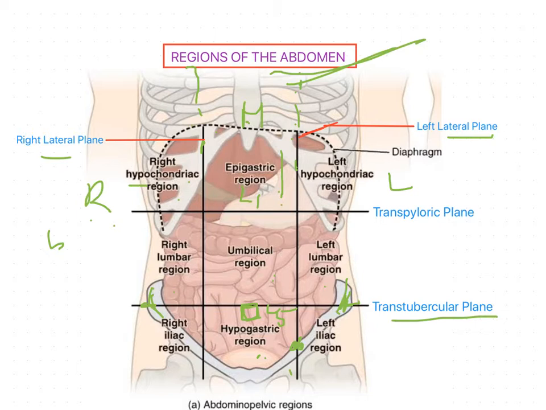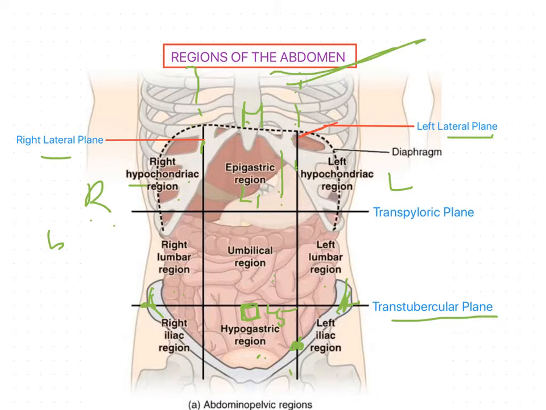Okay, and below this lumbar region, the region which is nearer to the iliacus, the iliac region, is called the right iliac region and left iliac region.